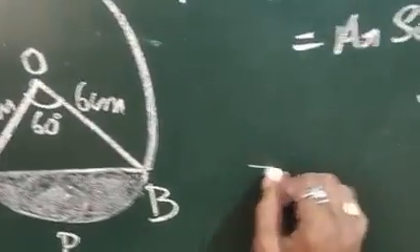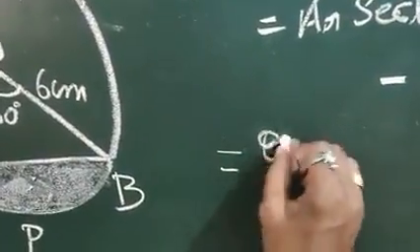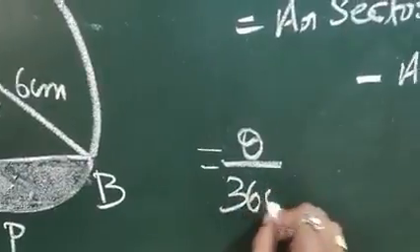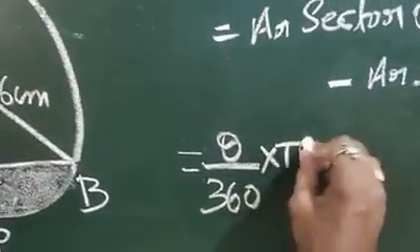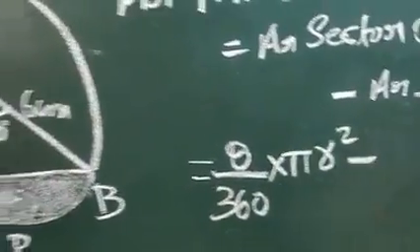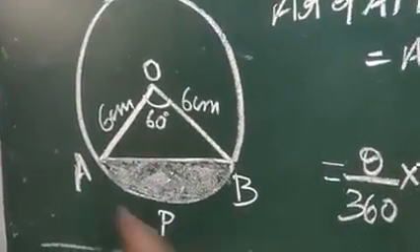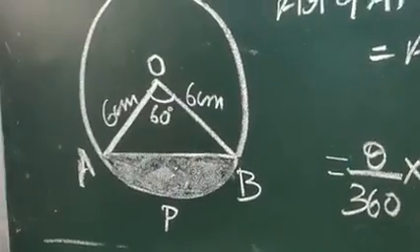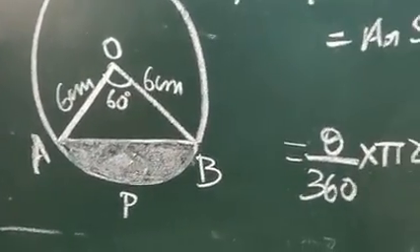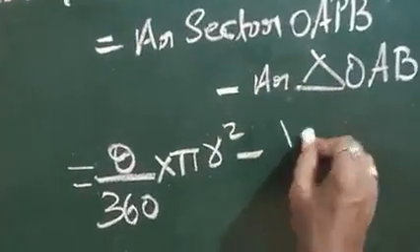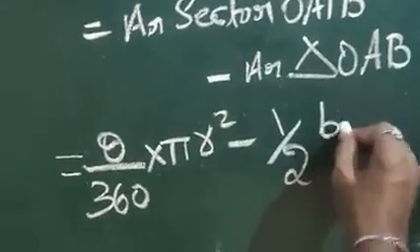Area of sector, as you already know, is theta by 360 into pi r square, minus area of OAB. For the area of OAB, if all three sides are given, you can use Heron's formula. Here three sides are not given, so you use half into base into height.